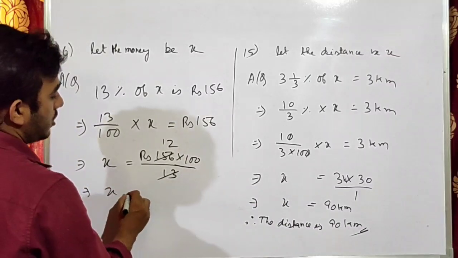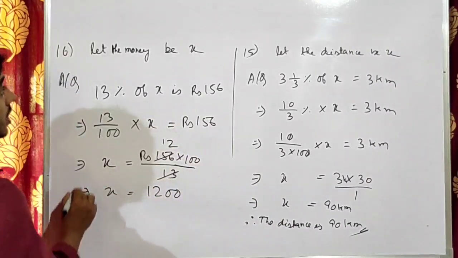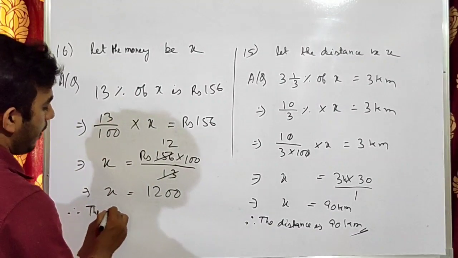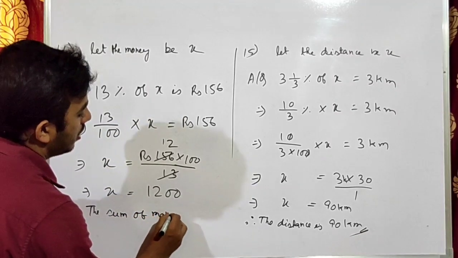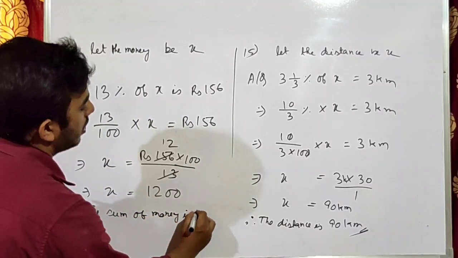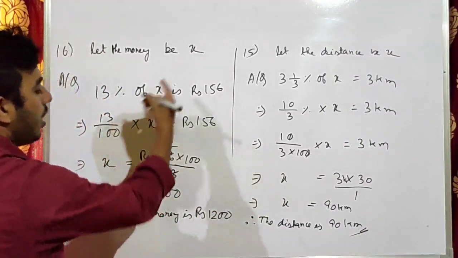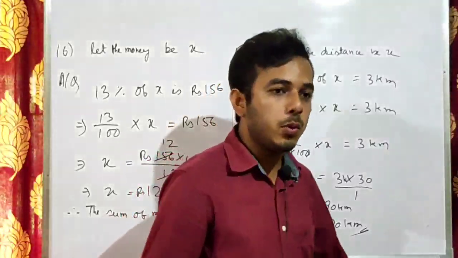So x equals 1200. So what is x? Money. Therefore the sum of money is rupees 1200.